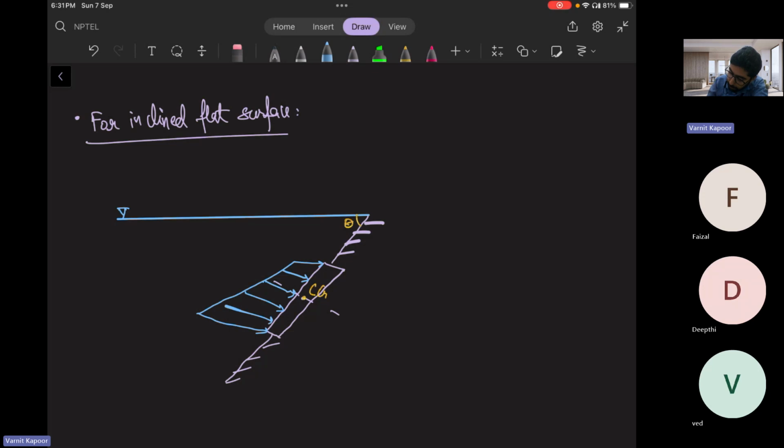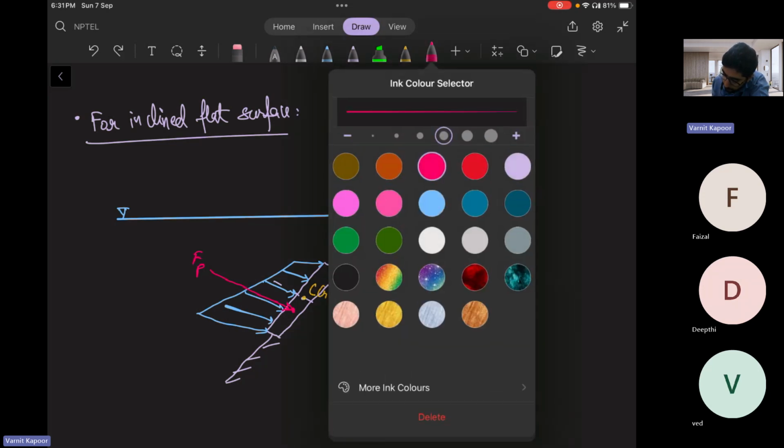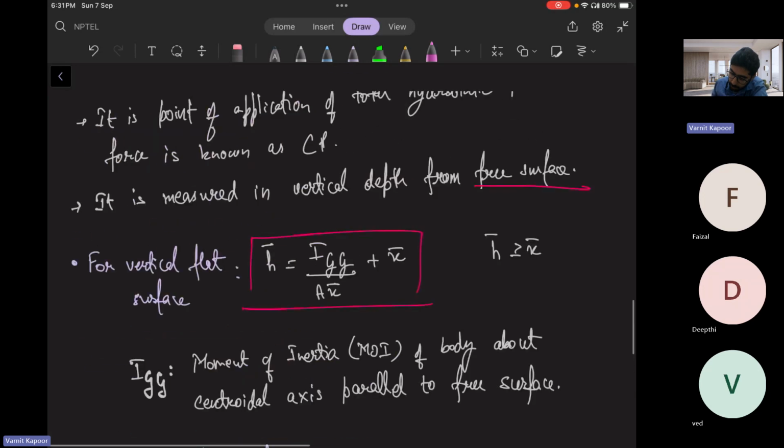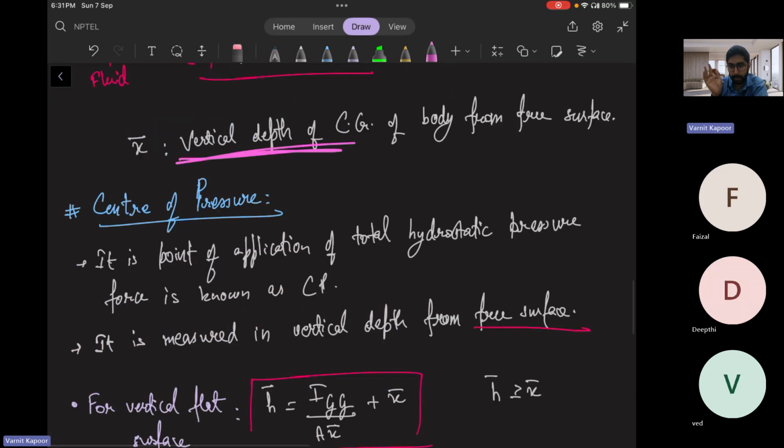Again, there will be a pressure force FP at the center of pressure, CP. So for the center of gravity, what is x bar? It is the vertical distance from the free surface. So x bar is vertical depth, not an inclined depth.